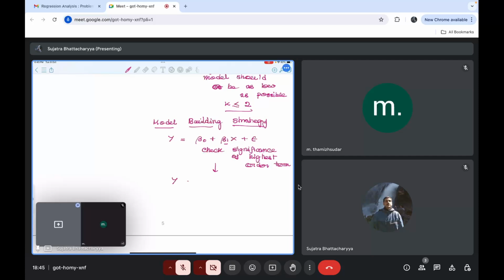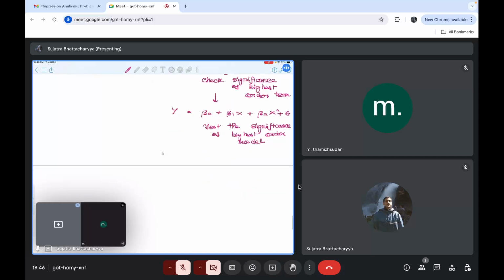So you go for y is equal to beta naught plus beta 1 x plus beta 2 x square plus epsilon. Again, test the significance of the highest order term.